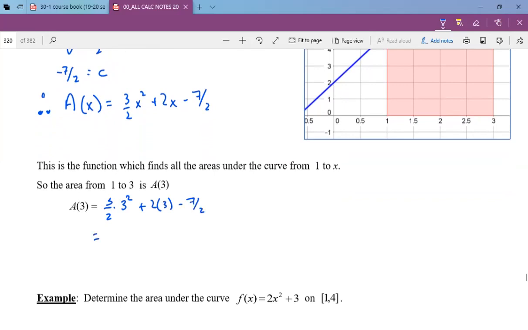And when we math that all out, that ends up being 27 halves plus 6 minus 7 halves, which is 20 over 2, is 10, plus 6 is 16 altogether.